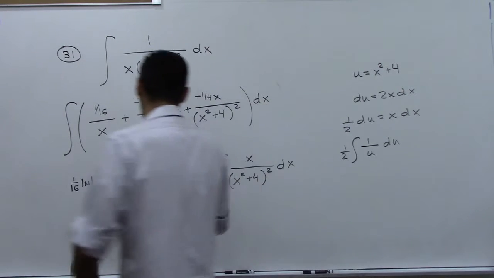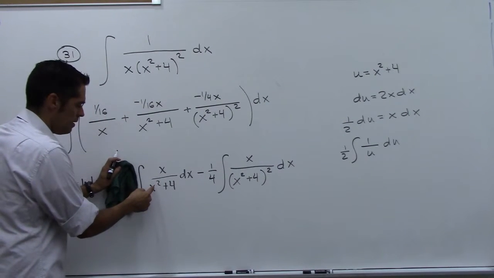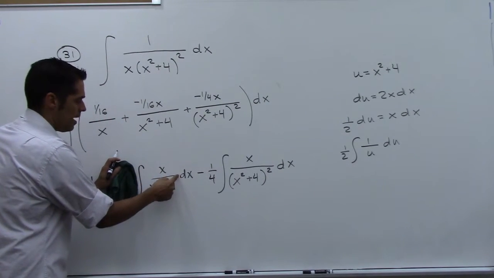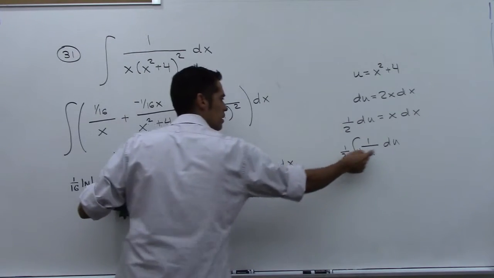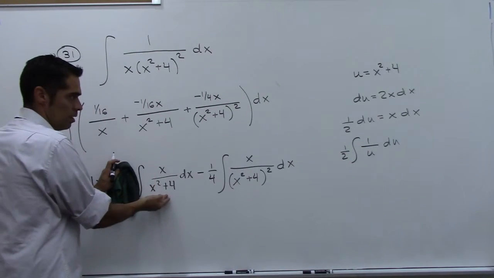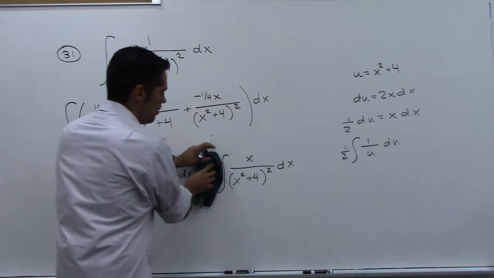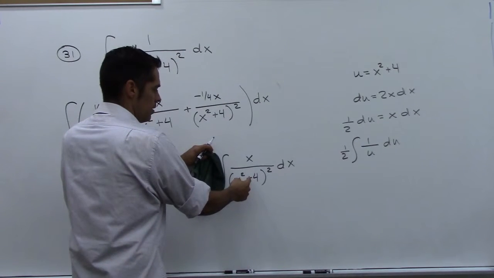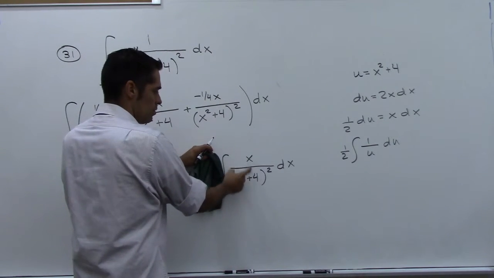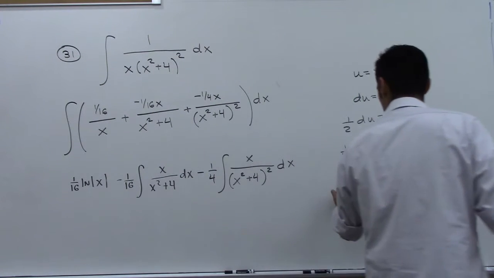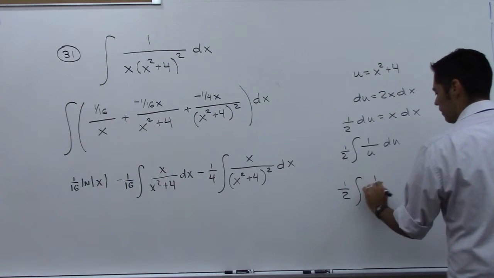So I'm just talking about this piece right here. This x dx is 1/2 du, which is here. And then it'll have the u on the bottom, so 1 over u. This integral, the only difference is that instead of just 1 over u, it's 1 over u squared. So the second integral looks like this.